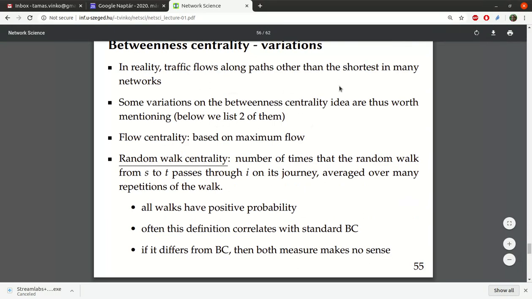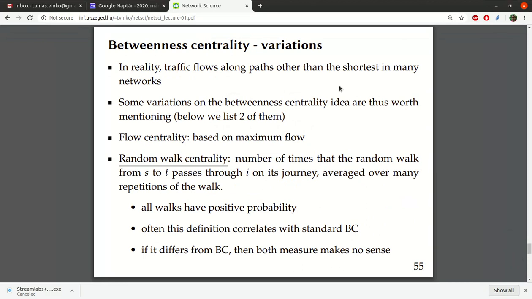Okay, on the next slide we are briefly discussing some variations of this nice betweenness centrality metric, namely because the assumption that information spreads on shortest paths might not be true.